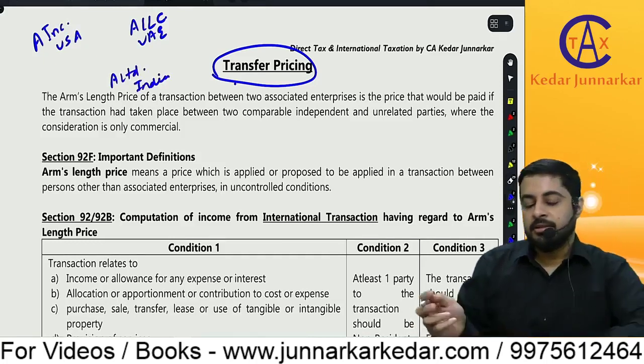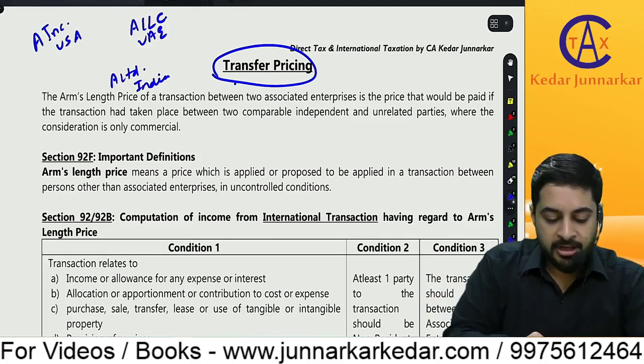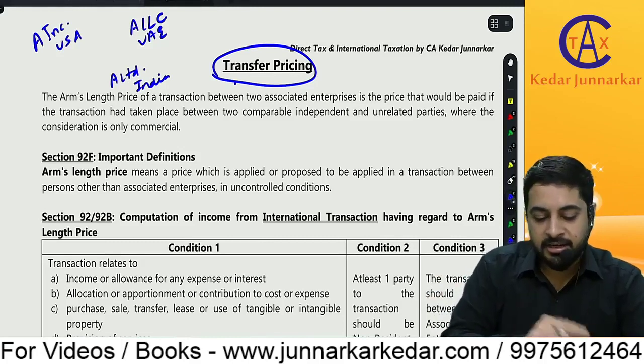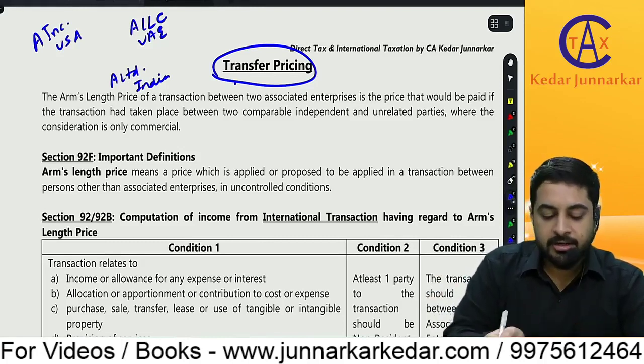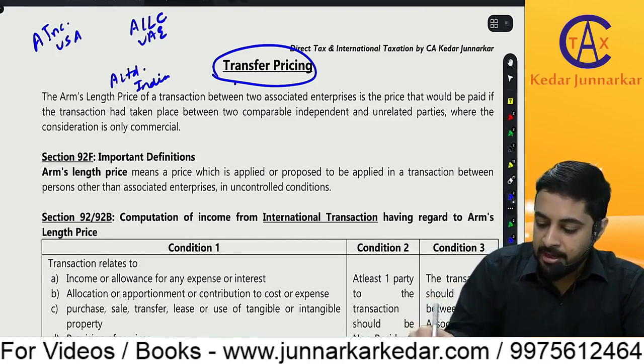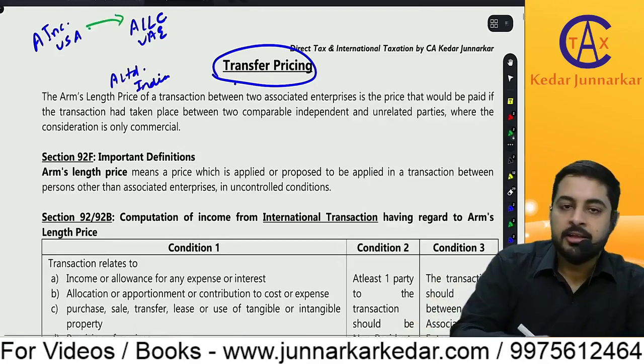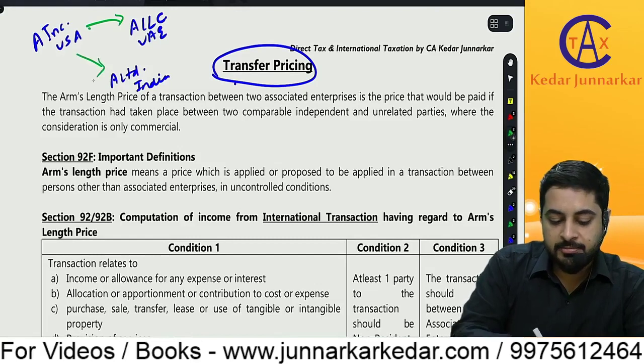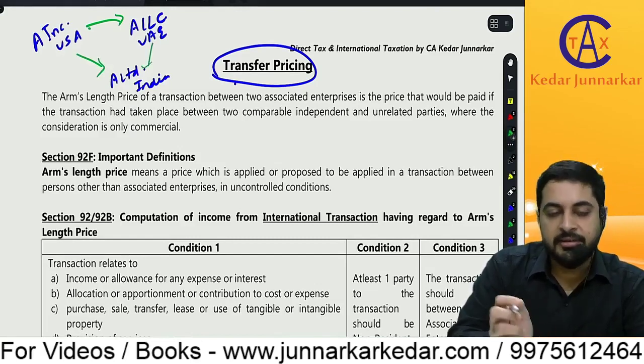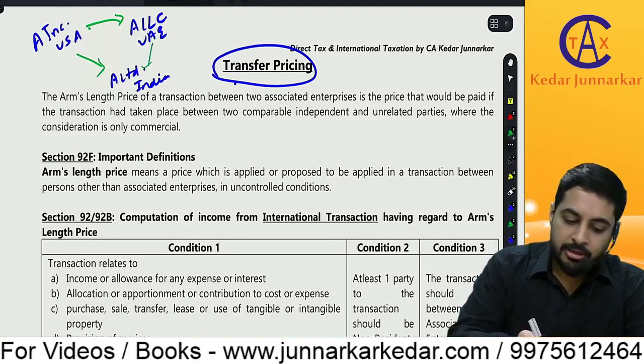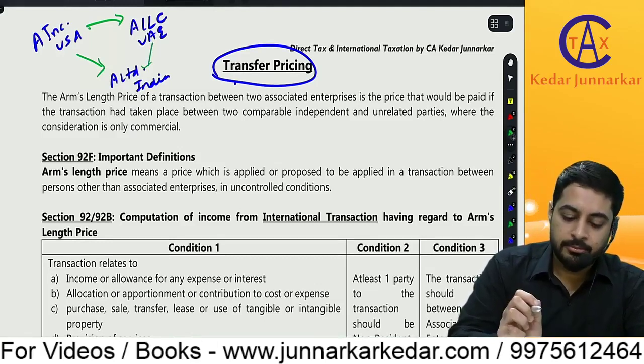It's possible, na? This is a multinational group where there is one company in USA, one company in UAE, one company in India, and maybe this company is holding 70% of this, this company is holding 40% of this, and this is holding some 60-70% of this. So they are part of the multinational group.